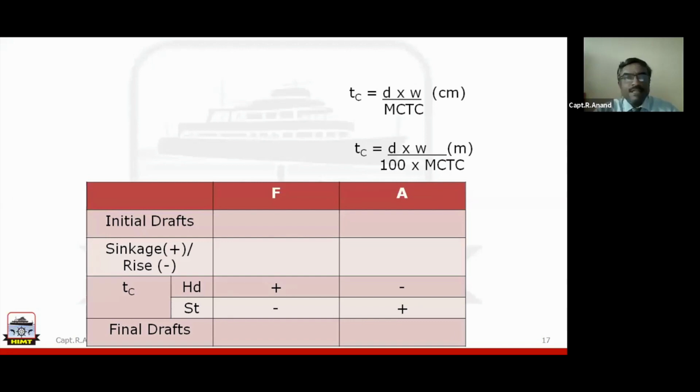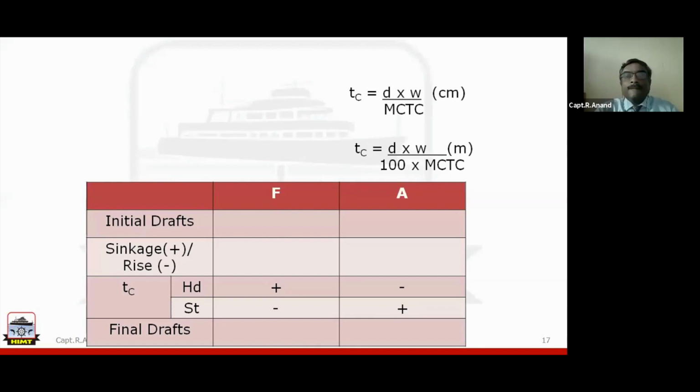Very simple. 100, which is the total weight, divided by TPC will give you the total sinkage. Whereas in this case, dW is the total moment created, the trimming moment. So divide by MCTC, which is the moment required for 1 centimeter. If I divide the two, I'm going to get how much my trim is going to change overall. Is that understood?